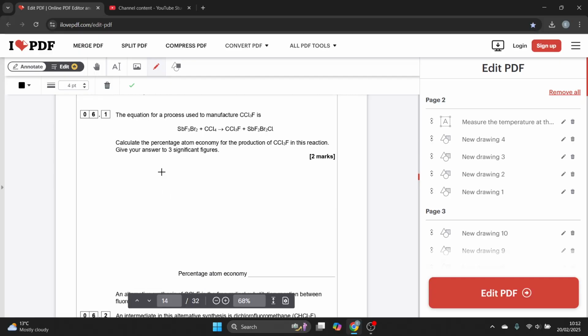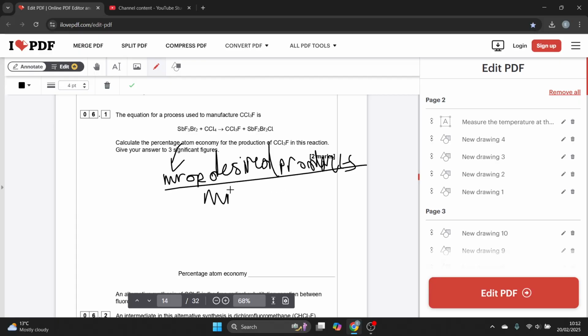Question 6.1, calculate the percentage atomic economy for the production of CCl3F in this reaction. So percentage atomic economy is the Mr of the desired product. They always like to ask about percentage atomic economy, either by multiple choice questions where it's just one marker, or actual questions, and it'll be like 2 marks or maybe 3 depending on how difficult it is.